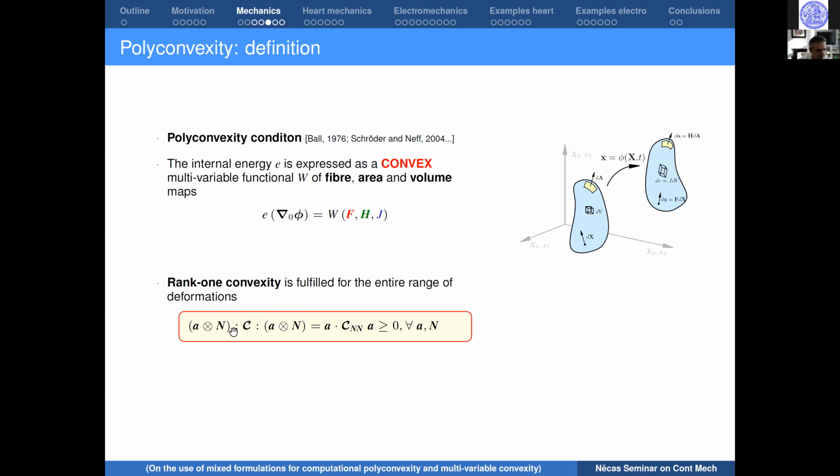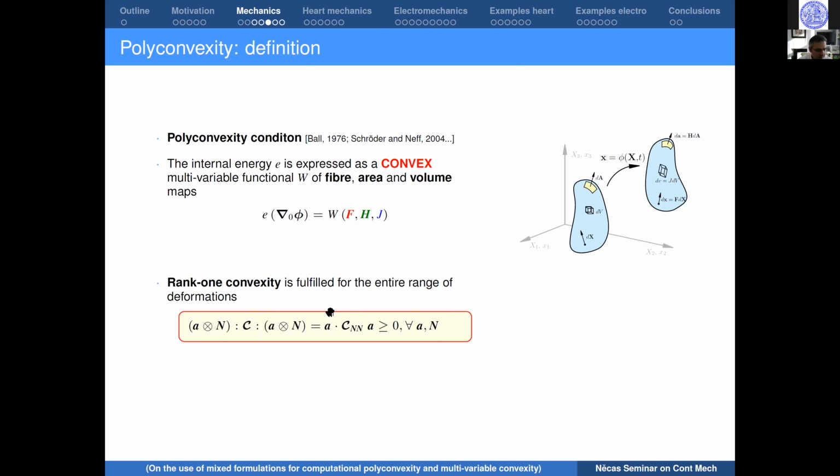So if we take the constitutive tensor and we pre-post multiply by rank 1 tensors, then what we end up obtaining is that polyconvexity implies that this product is going to be larger or equal than 0 for any A and for any N. And this is what ellipticity is.